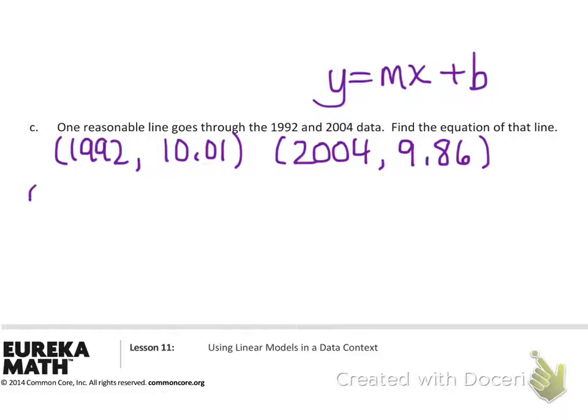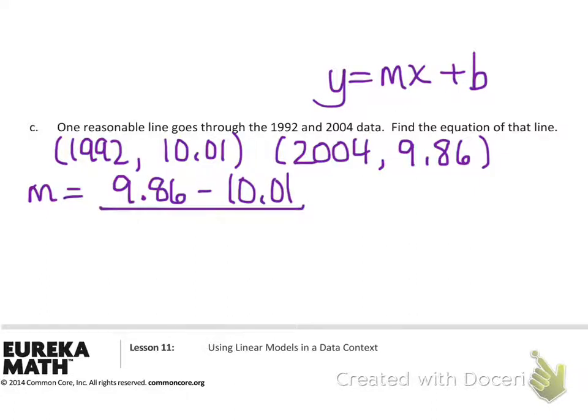Okay, so if we want to find the slope, once again, we're looking at the difference in the y. We'll go the other way: 9.86 minus 10 and 100th divided by 2004 minus 1992.